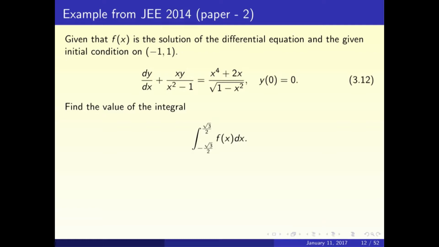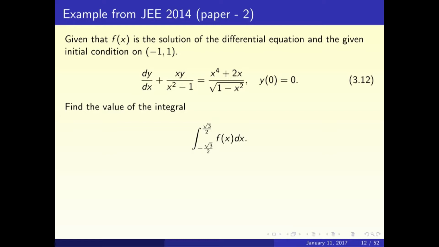And the solution of this differential equation with this particular initial condition is denoted by f of x. What does the question ask you to determine? It asks you to determine the integral of f of x from minus root 3 by 2 to root 3 by 2. So the question is asking you not for the solution, but for the integral of the solution over a certain interval.